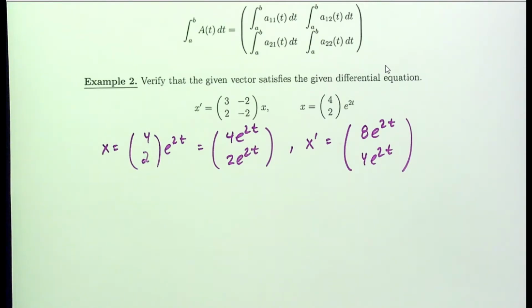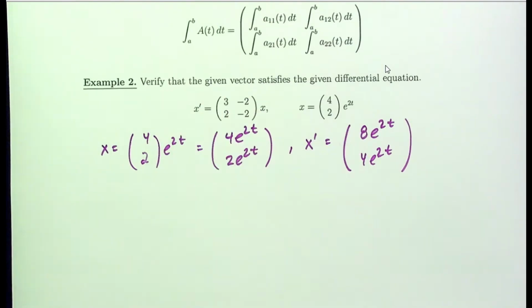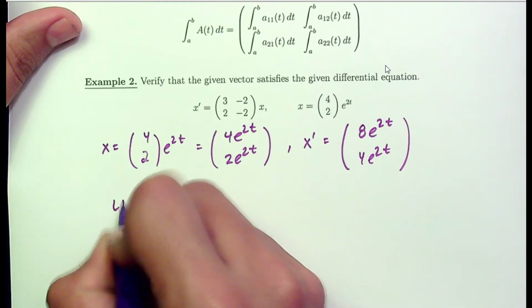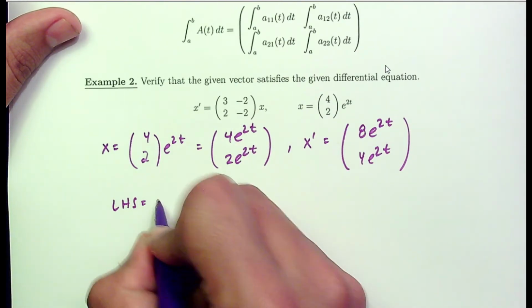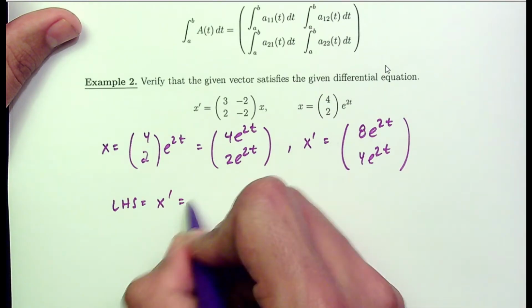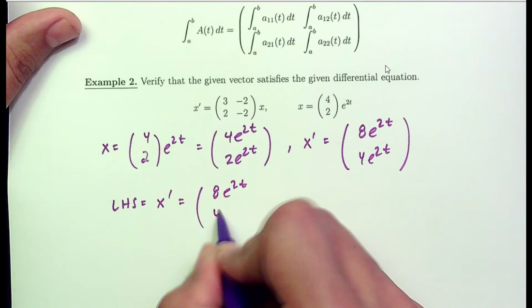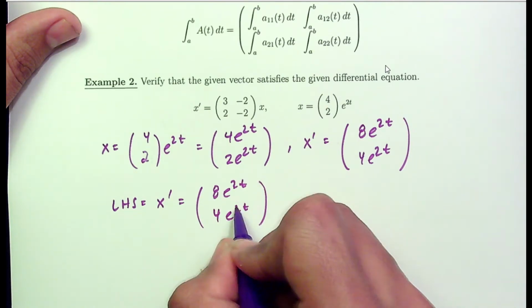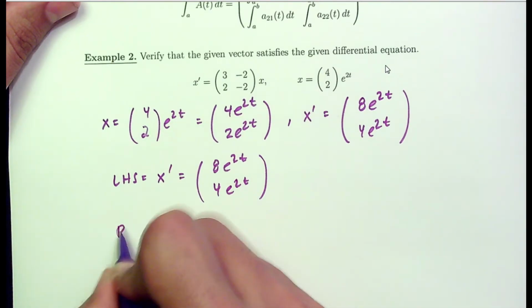All right, and now we're going to check that when you use this x and x prime, you get something that is true. So the left-hand side of this equation is x prime, and we just found that x prime is 8 e to the 2t, 4 e to the 2t. Now let's see that the right-hand side is the same thing.